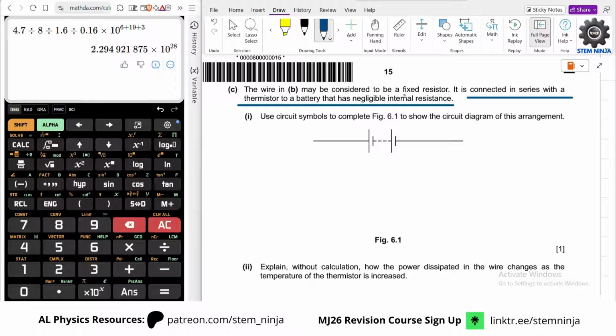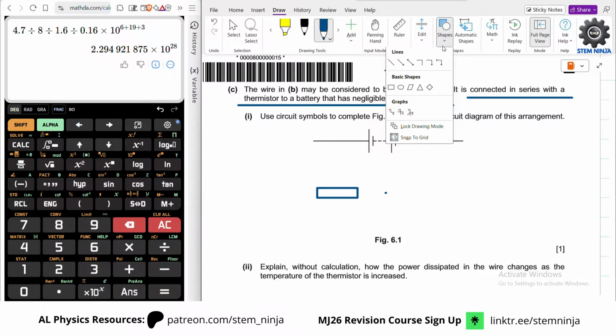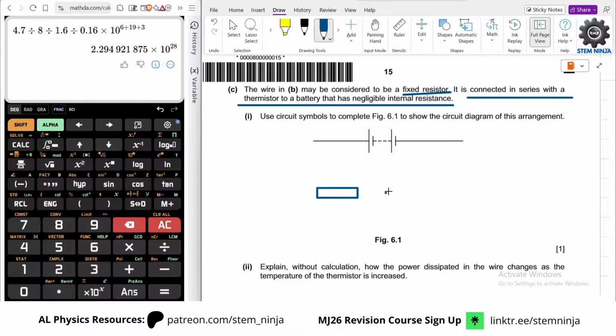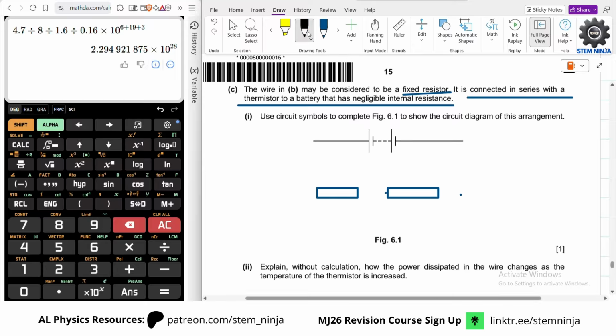So remember, the wire can be modeled as a resistor. So you have a resistor, and we know the symbol of a thermistor, a resistor with a line sort of like this. If you don't know, go through the symbols list in the A-level syllabus booklet.